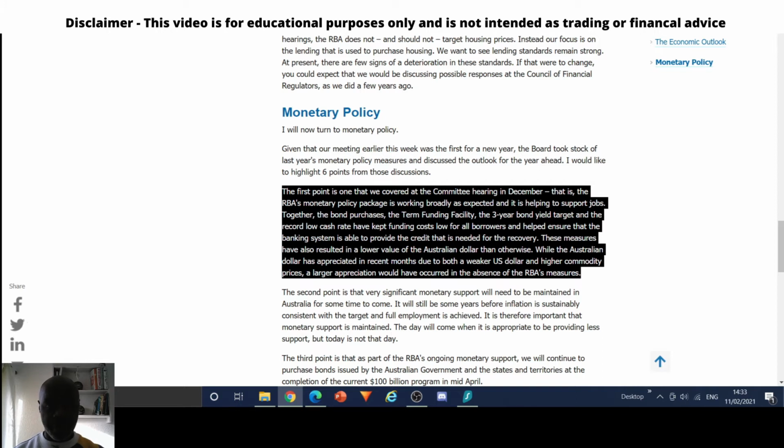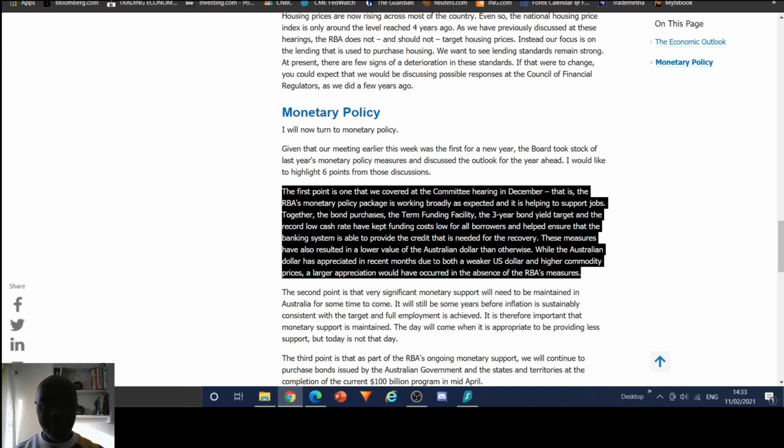However, due to a weaker US dollar and strong commodity performance, the Australian dollar has still appreciated. But the RBA is saying it would have appreciated a lot more had they not carried out these measures. Keep that in your mind, because that's really, really important.